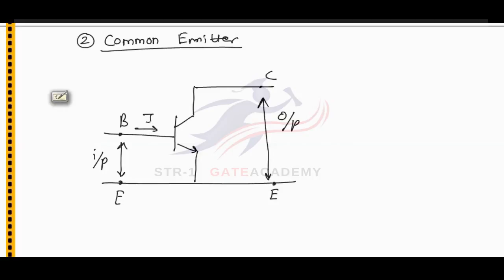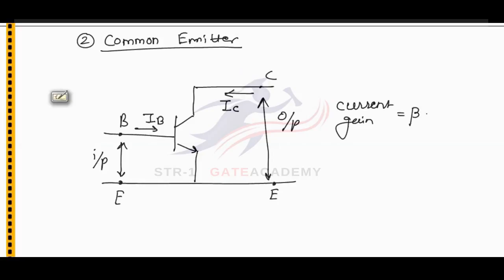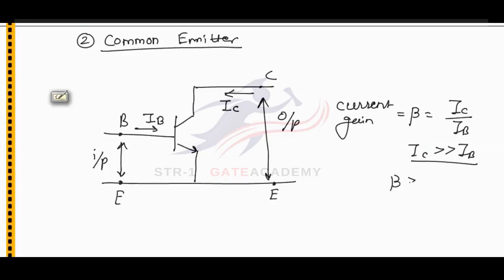At the input terminal, the current will be base current IB, and at the output terminal the current will be collector current IC. So in common emitter mode we can define current gain, and the current gain in common emitter mode is called beta, and this beta will be output current by input current, and we know that collector current is very much greater than base current, so beta will be very much greater than 1, always greater than 1.